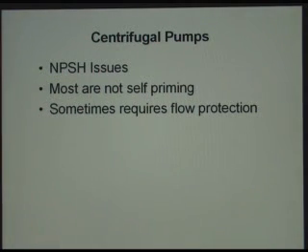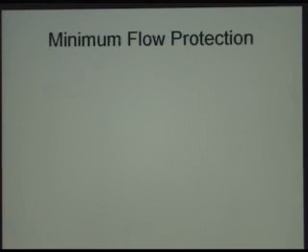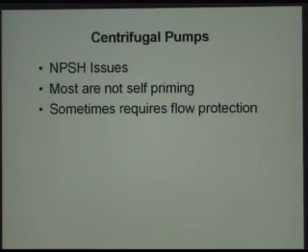The problems with them is that we have NPSH issues sometimes, usually in the process plants and the downstream plants. That's where they come out the most. But most are not self-priming, and sometimes they require flow protection to keep them outside of a bad operation area. And what happens on a pump, you remember on the compressor, as you got down too far in flow rate, you would go into surge, where the flow would reverse itself and try to go up toward the suction.